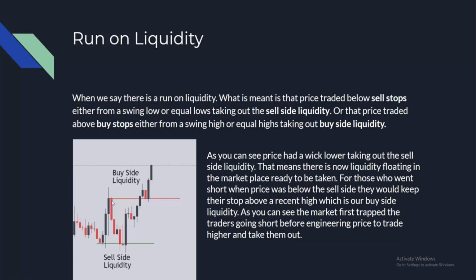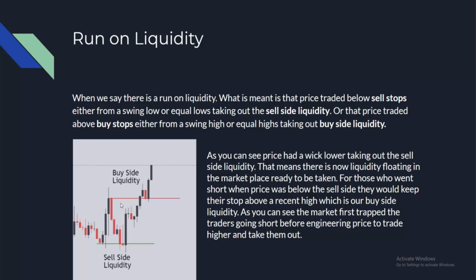Price goes up, creates a swing high and equal highs. So that's our buy side liquidity. Now if we're bullish, what you would expect is market to trade below these equal lows to get the liquidity into the marketplace before trading up higher and targeting this buy side liquidity.